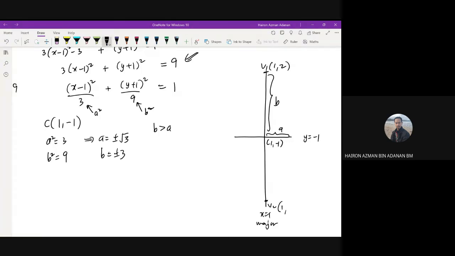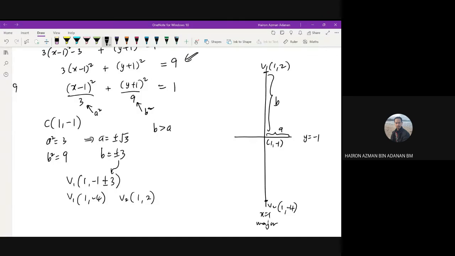Then 1, negative 1 minus 3, so negative 4. If you don't understand, you calculate. The one that changes is the y value. So y is negative 1, plus and minus the value of b, 3. So you get the same thing. So the first vertices is 1, negative 4. Second vertices 1, 2.